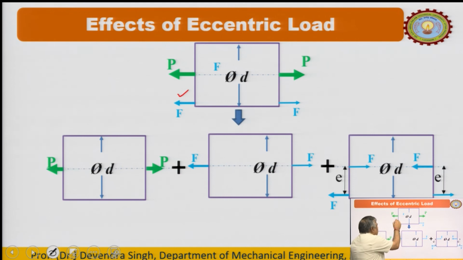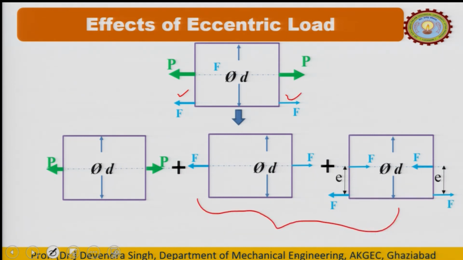The effect of this and this, as we discussed in the last slide, and this is our applied force P, which is tensile. So both P and F will be in the primary consideration, with tensile effect. So we will use P upon A plus F upon A. A is the cross-section area, and this will be analyzed as we have discussed in the last slide.